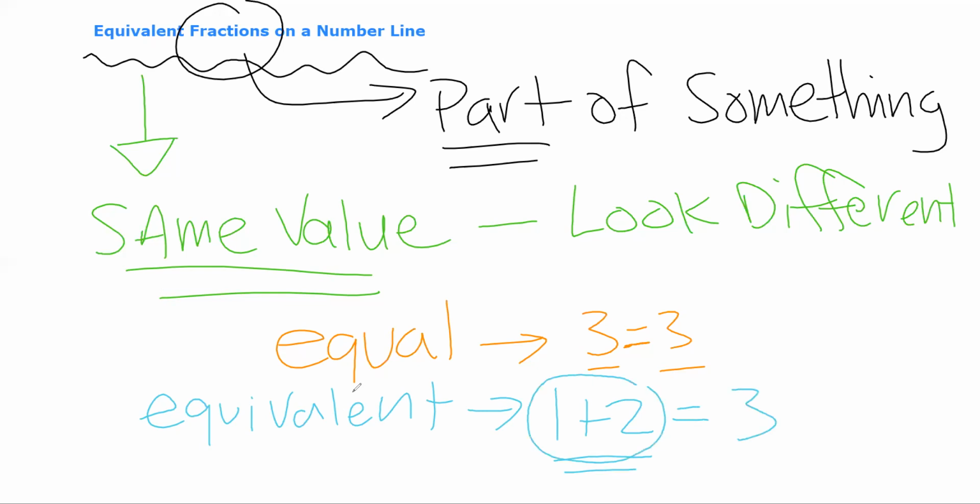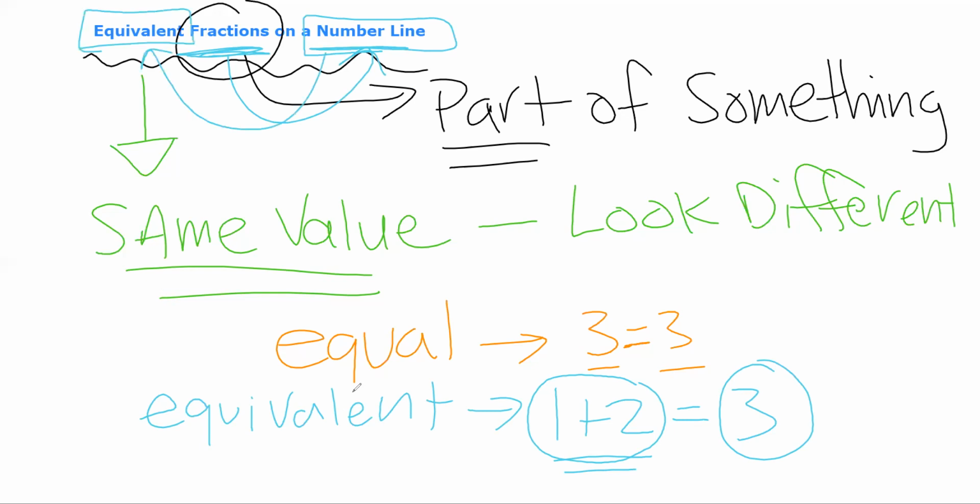So these have the same value attached to them, but they look different. So we're going to look at how we create fractions on a number line and then use that process to make an equivalent fraction, a fraction that looks different but has the same value. So let's just dive in.